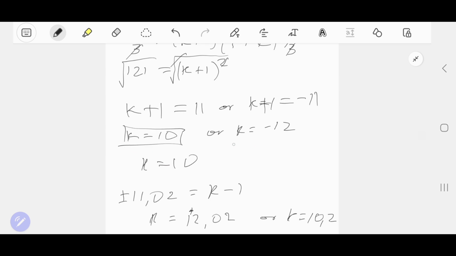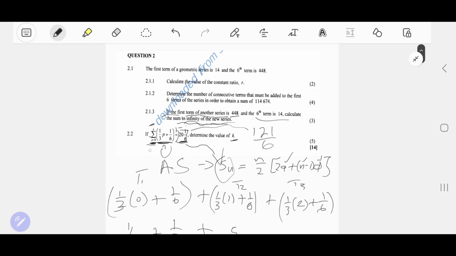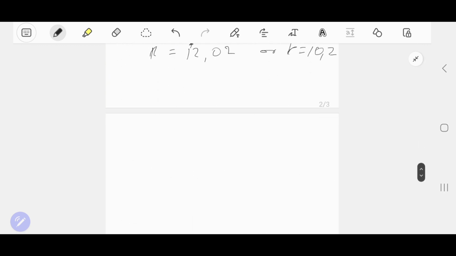So why, people, didn't I say this is the wrong answer? Because there are instances where you can have a situation like this. Maybe p is equal to negative 13, and then k, when you calculate your k, maybe your k is equal to negative 1. Can you see that?